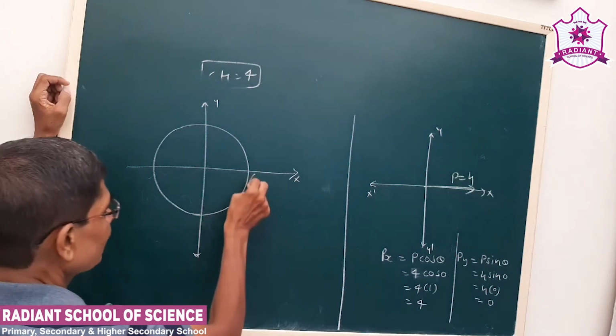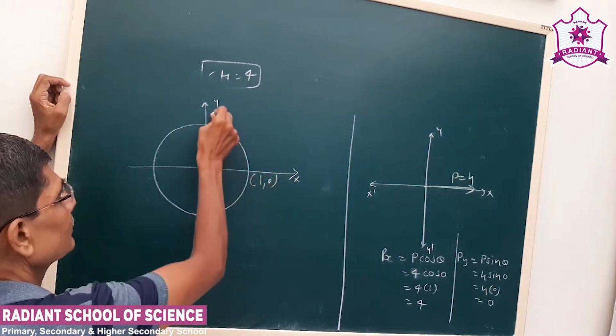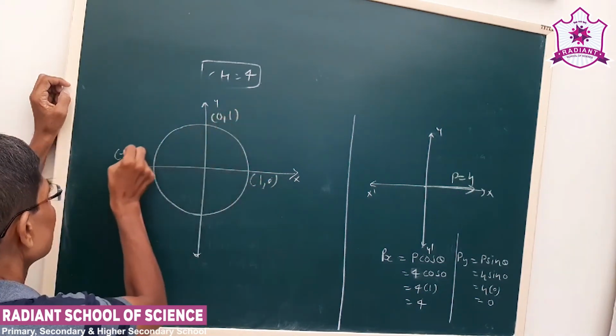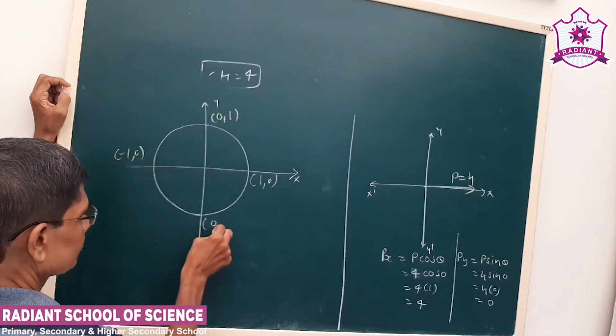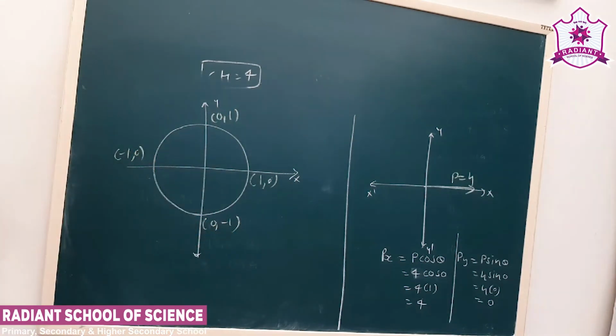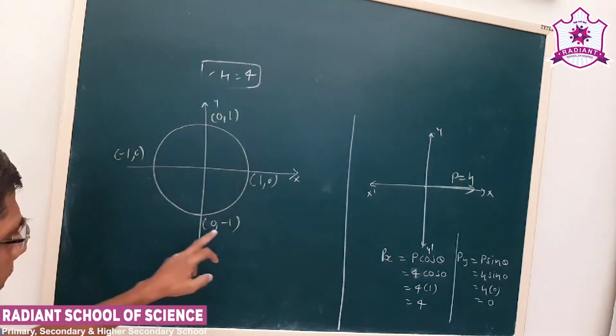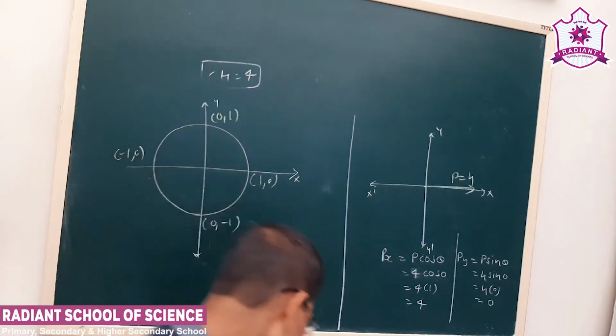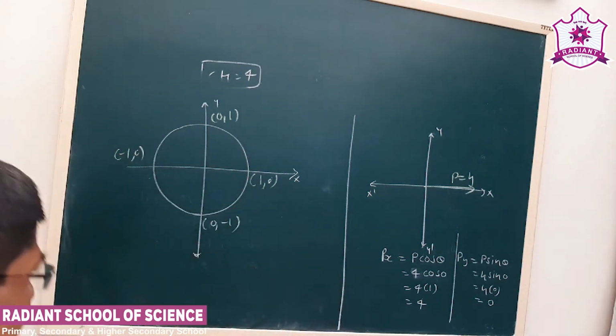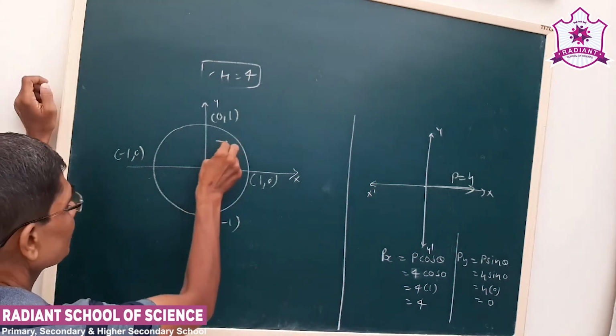Now this is a unit circle, so the angles are 0, 90, 180 and 270. See, the basic information all of us have, the only thing is to apply it. Now this is our first quadrant.